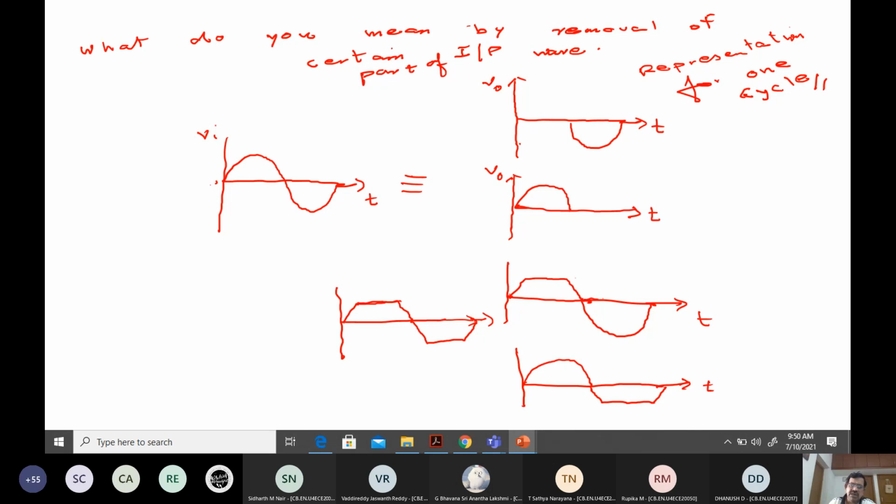Let us take the first example in today's class, because we already know the action of a diode under forward and reverse bias. So it should not be very difficult to understand this class if you have followed those courses properly. The first circuit, what I call the positive series clipper circuit.